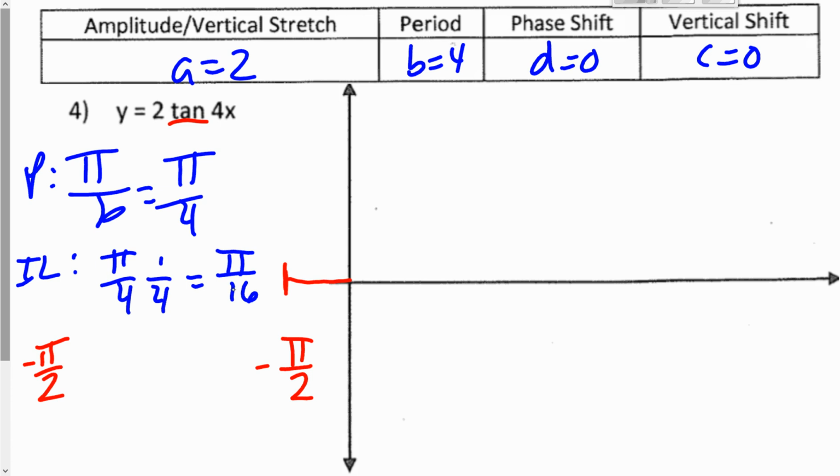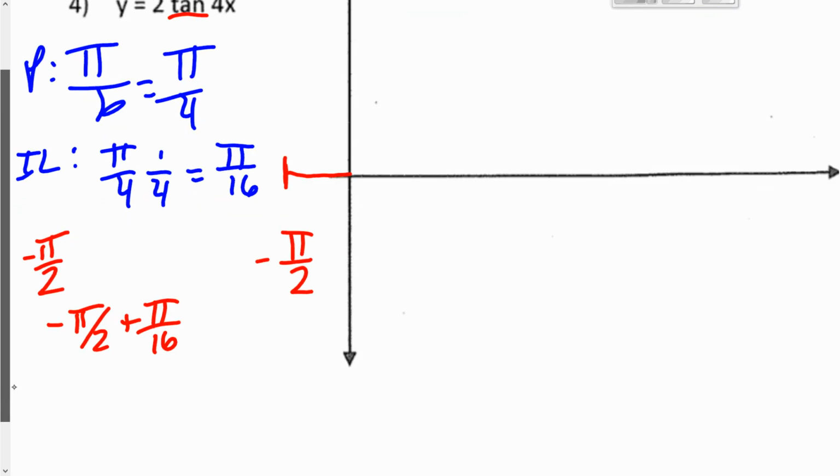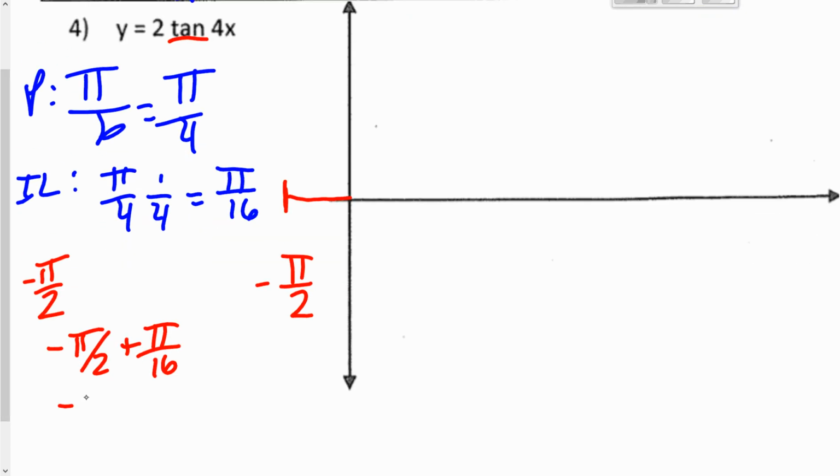So let's take pi 16ths. We need a common denominator, so we get negative 8 pi 16ths plus pi 16ths.